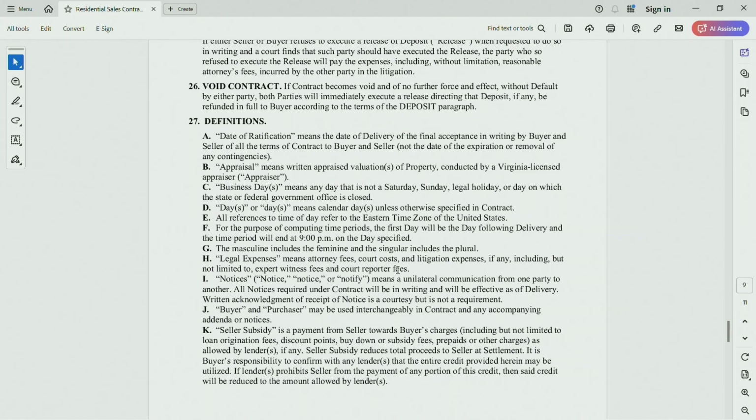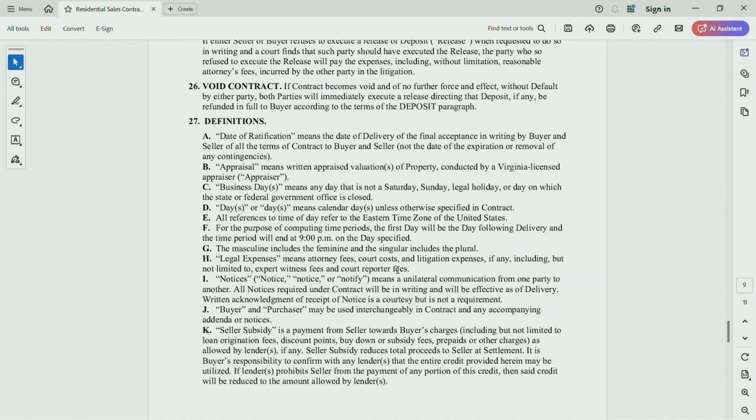on the day specified. So a lot of times people are like, when does this contingency expire for whatever reason, or when does it start? So it starts right on the day following the day of delivery. So I received it today, so day one would be tomorrow, right? Same with the HOA docs, right?